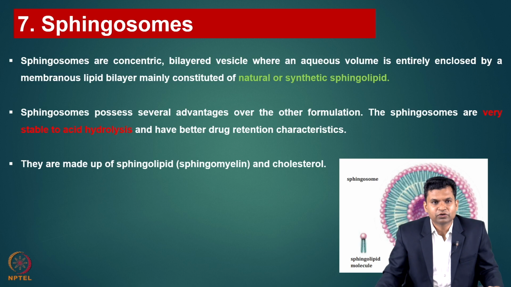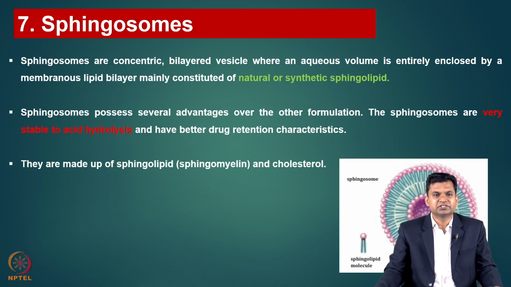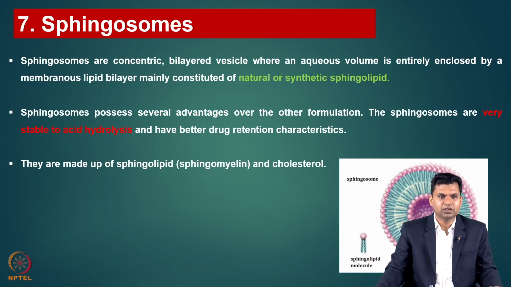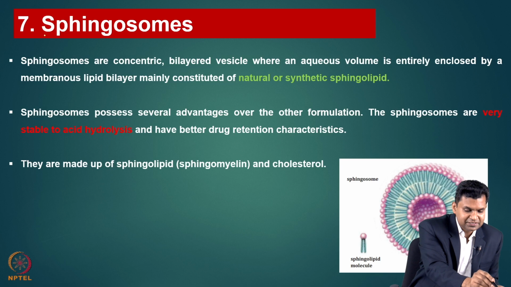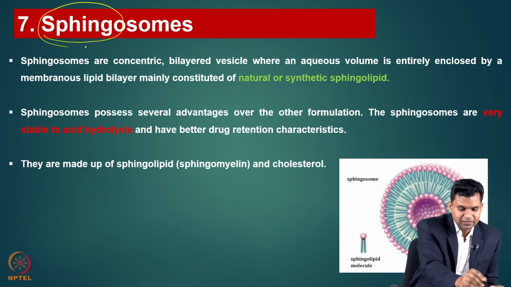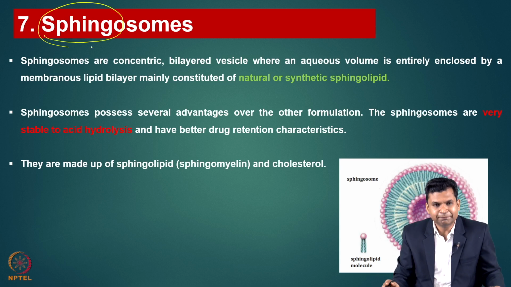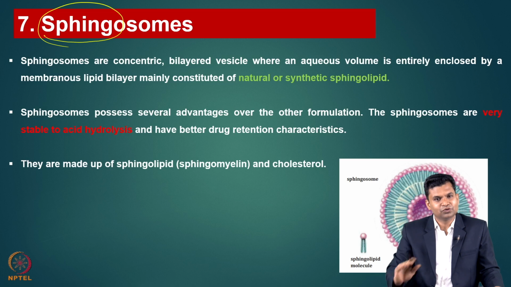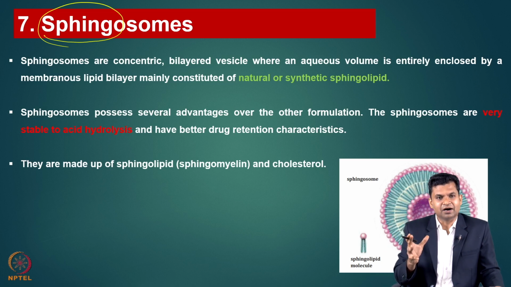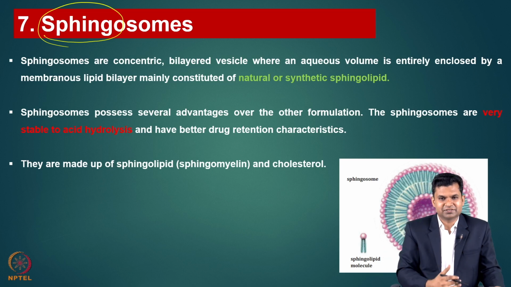So, here is one more vesicular system, which is sphingosomes. The name itself says that they contain sphingolipids. The conventional lipids are replaced by sphingolipids.